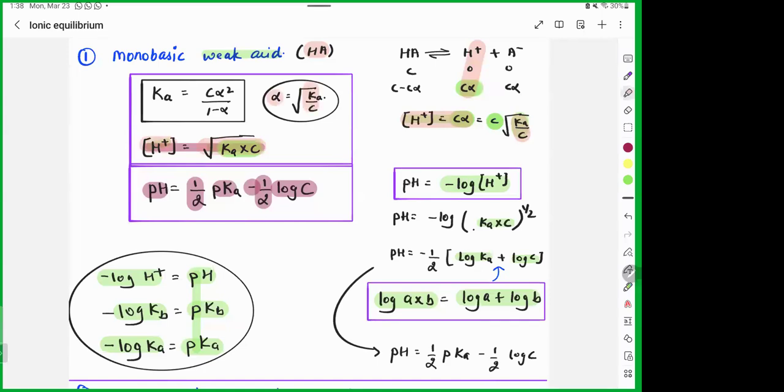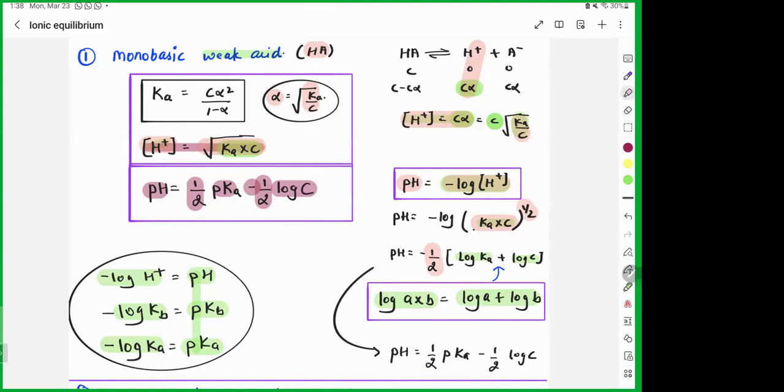Okay. You also know pH is equal to minus log H positive. We know H positive value is Ka multiplied by concentration, and because it was under root, that's why I wrote 1 by 2. Whatever is the power in the log, it will come into multiply, correct? You have log Ka and log C. Why?